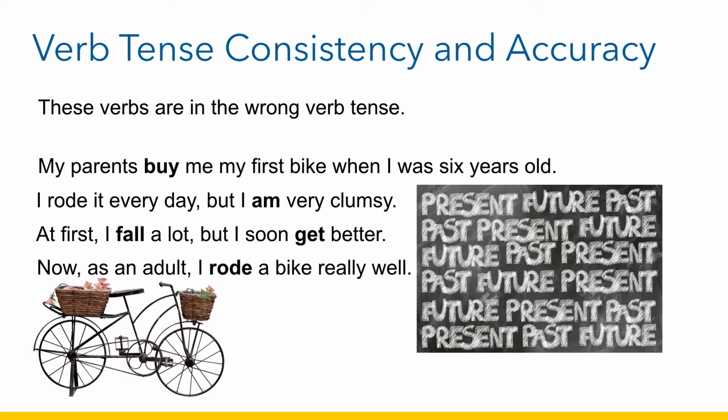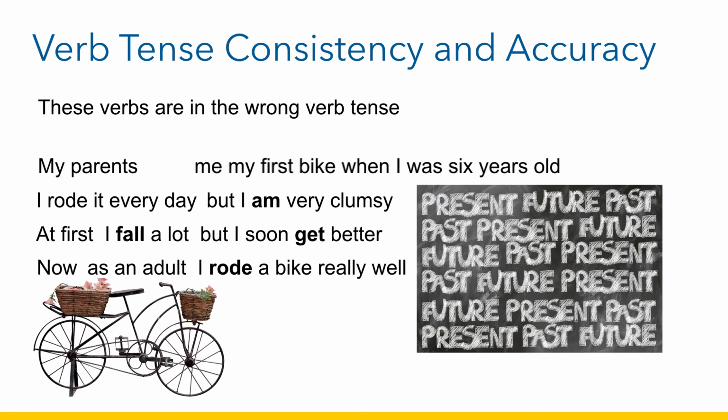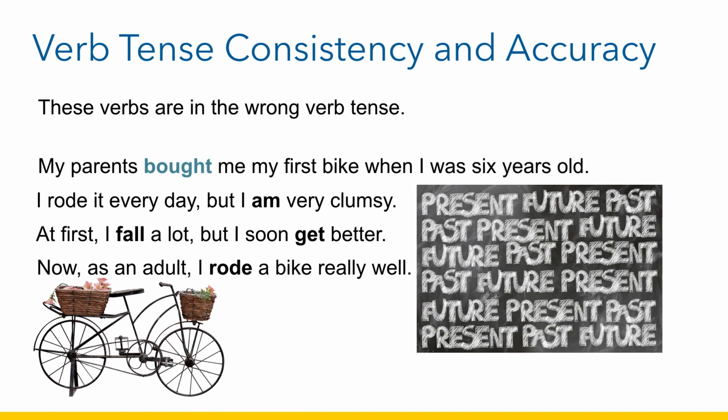These verbs are not in the correct verb tense. The first one should be bought. My parents bought me my first bike when I was 6 years old. I'm not 6 years old anymore, so this is a past experience. I need the past of buy, which is bought.